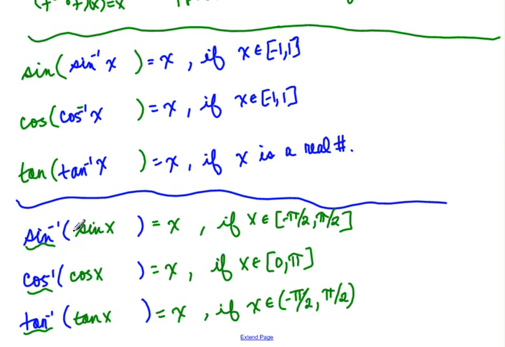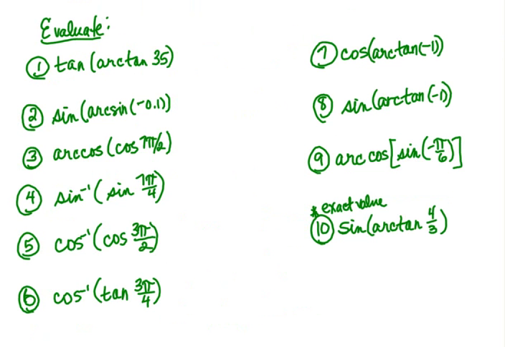So you've got to think a little bit more when you have the inverse function on the outside. For the inverse function on the outside, the answer is going to be x, or in other words, they're going to cancel each other out as long as x is in the range of those inverse functions. Now, I know I probably made that sound a lot more confusing than it is. Let's go through some examples and let me show you what we mean by that.